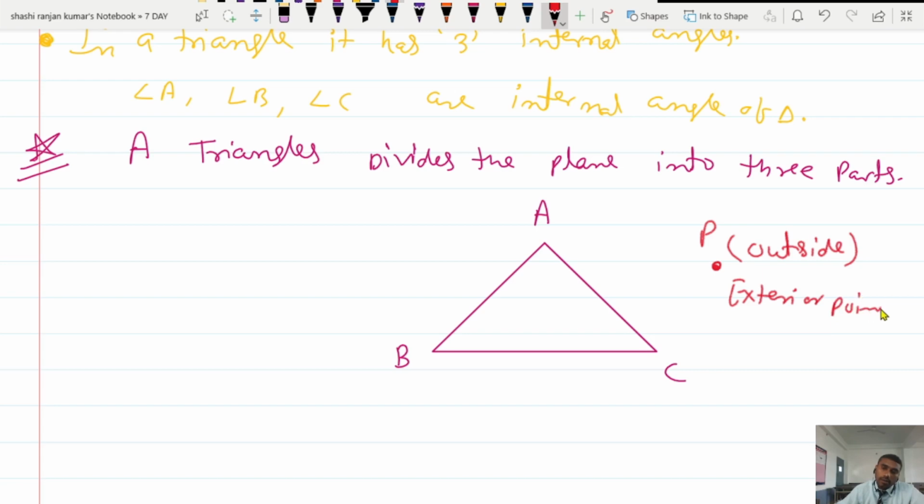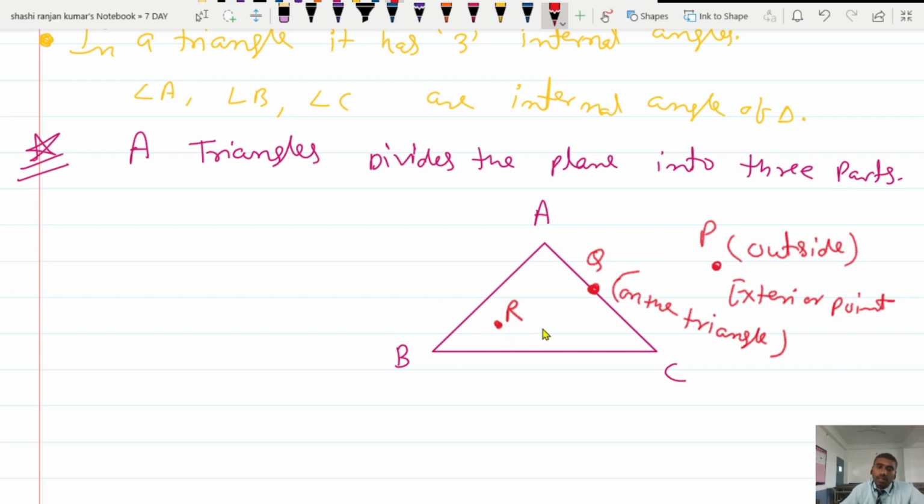One point we can take on the triangle. Suppose this is the point Q. This is on the triangle. And a third type of point is possible, that is inside the triangle. Suppose we take the point R. So R is a point inside the triangle.